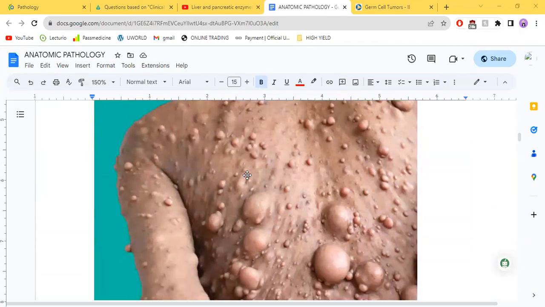Okay, so peripheral nerve sheath tumors. Let's identify this pathology. What do we think this pathology is? Where you have multiple outpouchings from the skin.